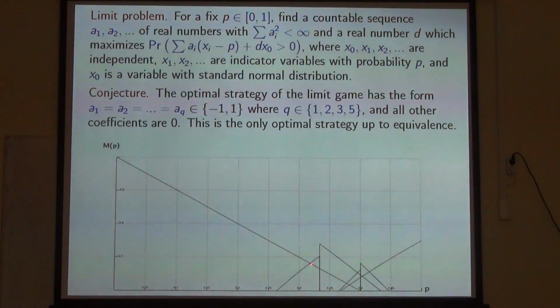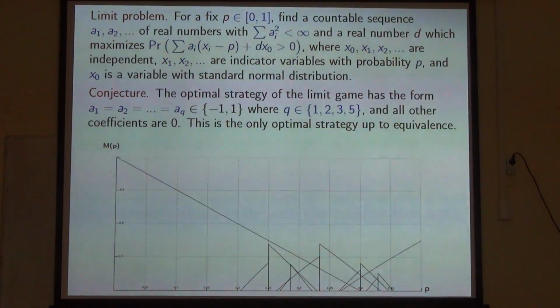If you are close to 1/3 and below 1/3, then the best thing is to choose 3 positive values, all the others are negative, or in the limit game 1, 1, 1, all the others are 0. And if you choose this one, then you are average, and it has a higher value, and so on. These are for 2 or 5 above and below, and this is 2 positive values.